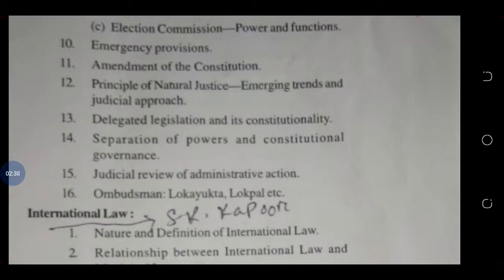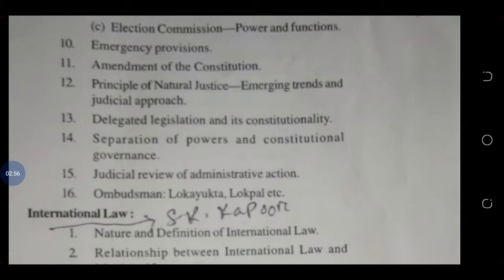Next, delegated legislation and its constitutionality, separation of powers and constitutional governance, judicial review of administrative action, and then ombudsman, Lokayukta and Lokpal, etc.